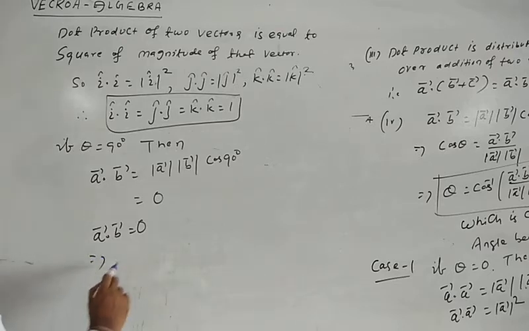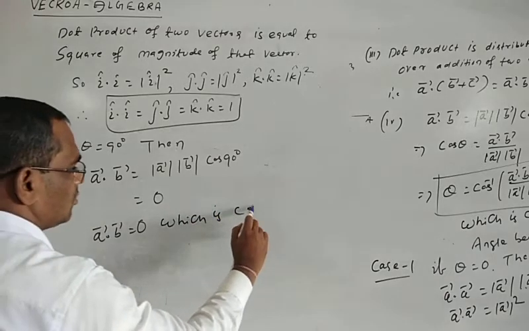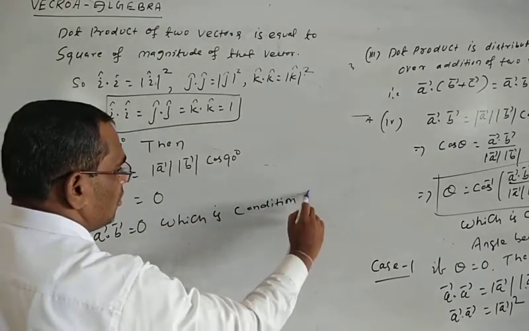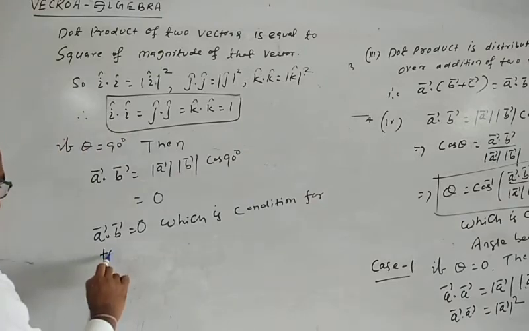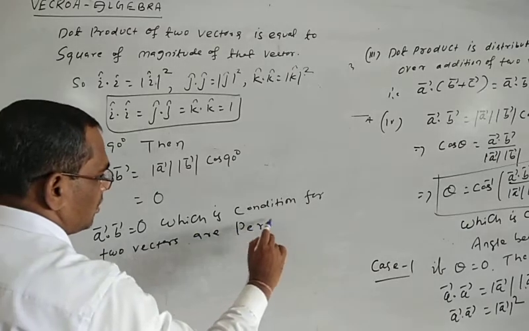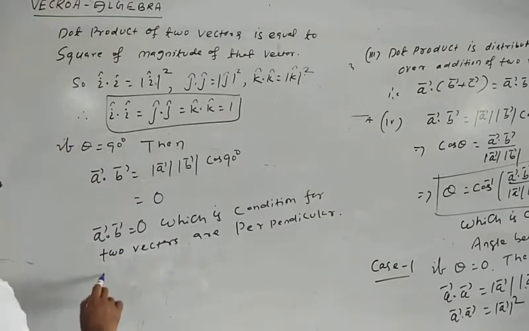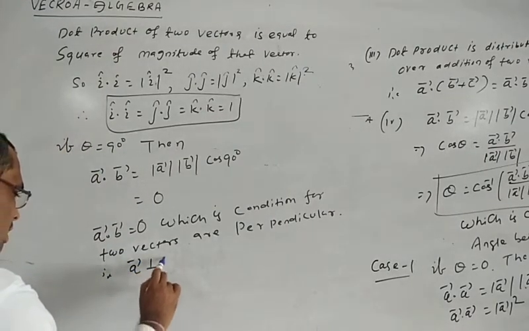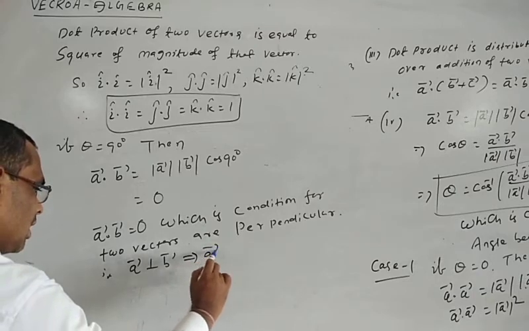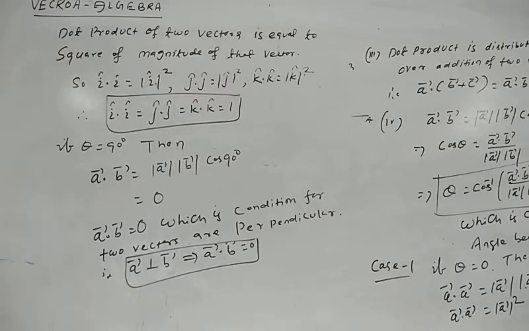So this is the condition for two vectors to be perpendicular. That is, a vector perpendicular to b vector means a vector dot b vector is equal to 0.